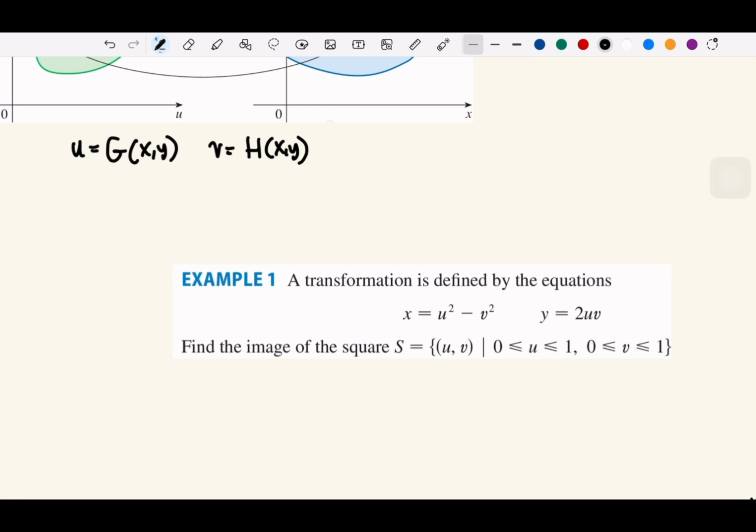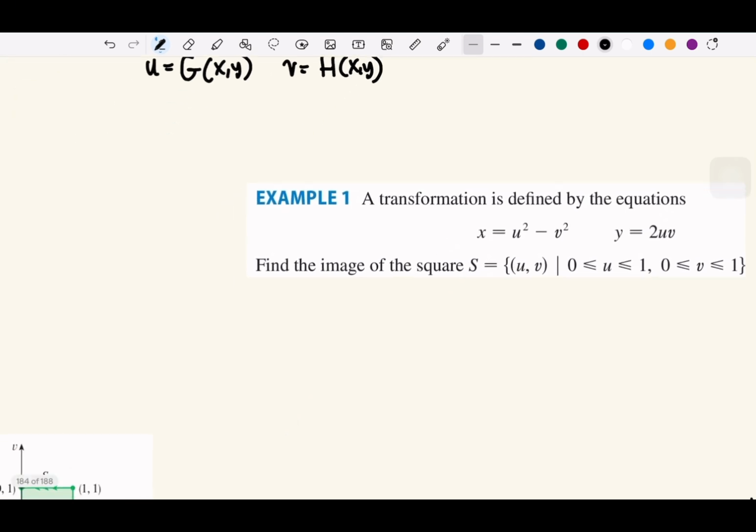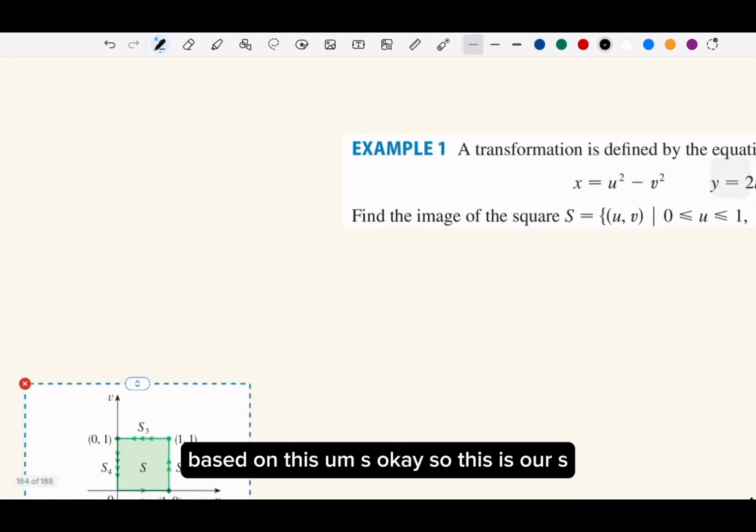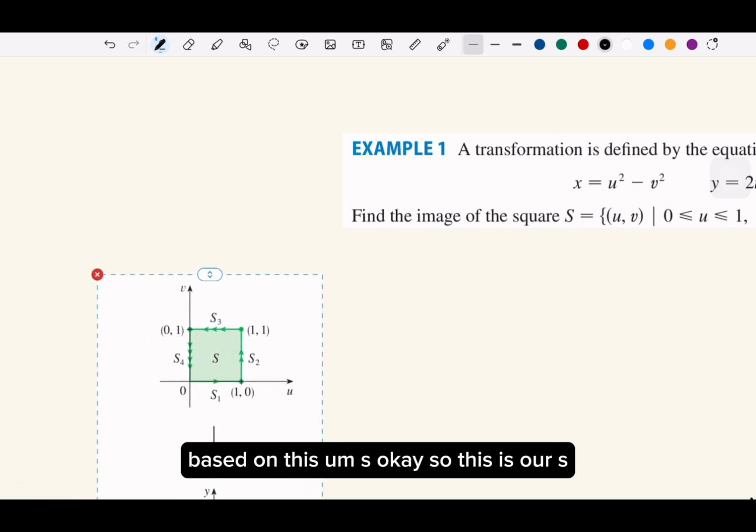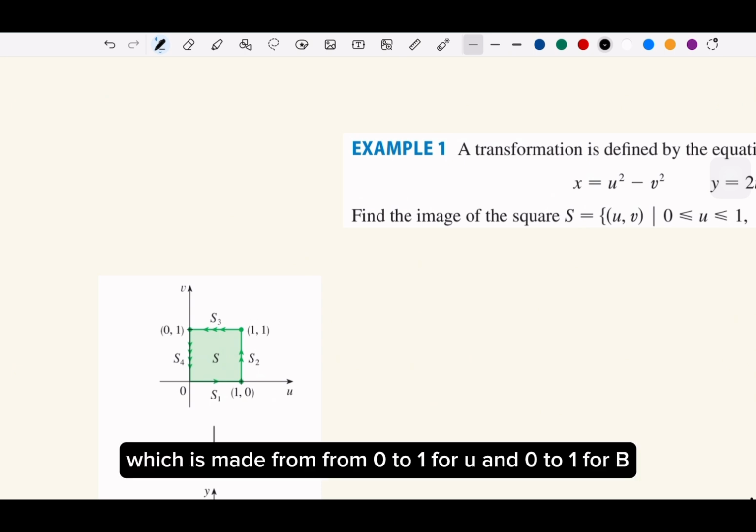Okay. So we start to map S, which is stated from 0 to 1 for U and 0 to 1 for V.